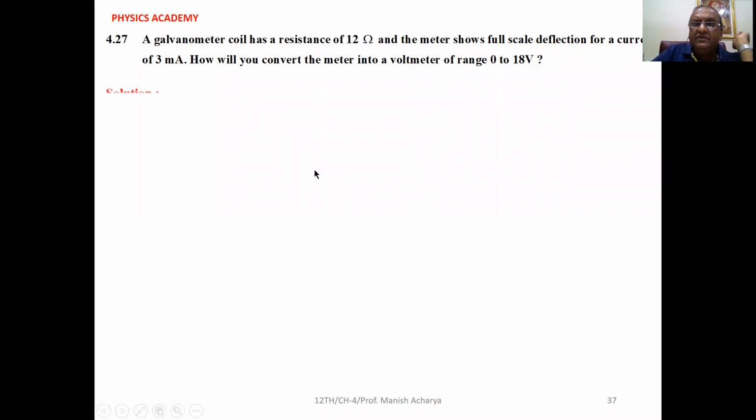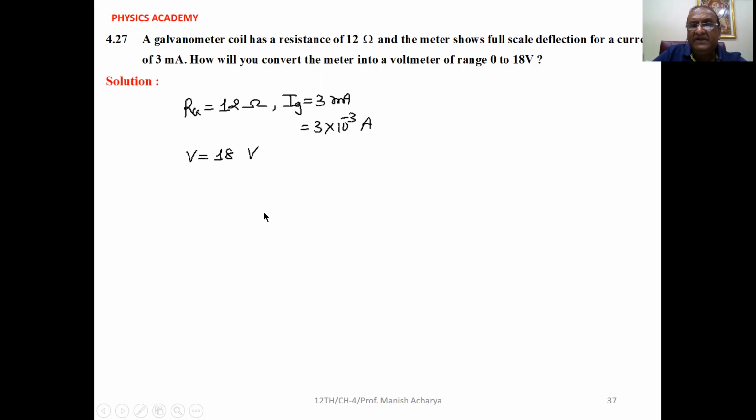So here, full-scale deflection is obtained by 3 milliampere, means current capacity is given to you, resistance of galvanometer is given to you, and you want to measure maximum 18 volt with the help of voltmeter. So resistance of galvanometer 12 ohm, current capacity Ig 3 milliampere, that is 3 into 10 raised to minus 3 ampere, and voltage, that is 18 volt.